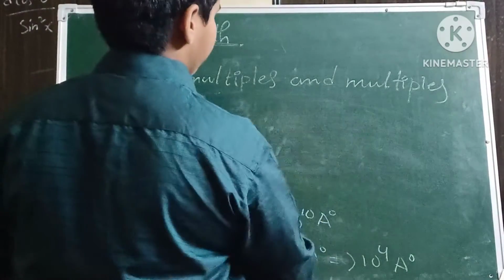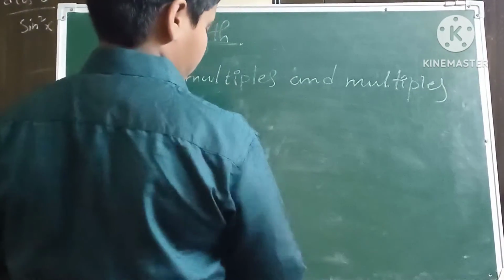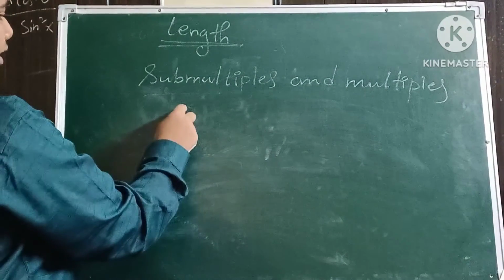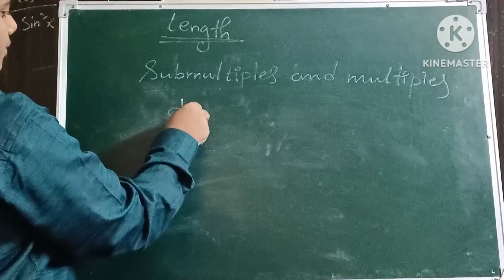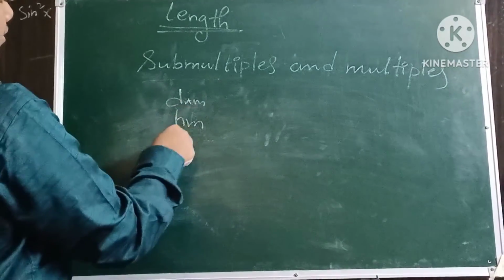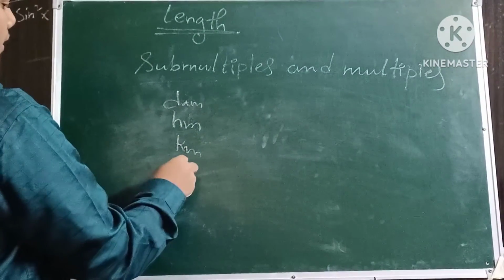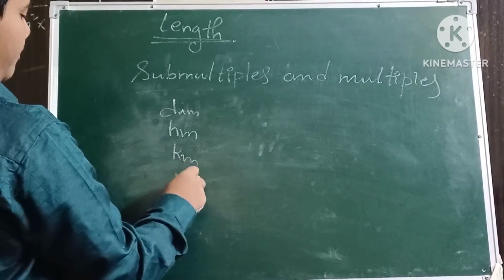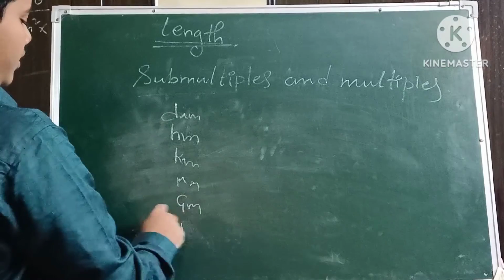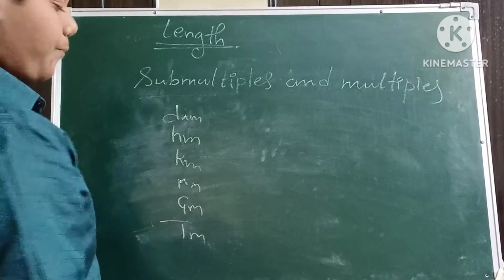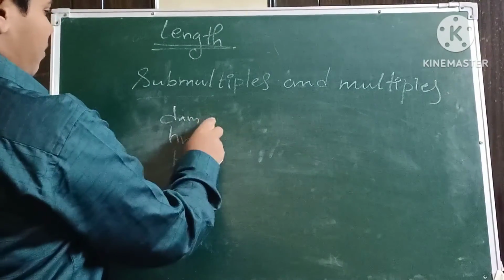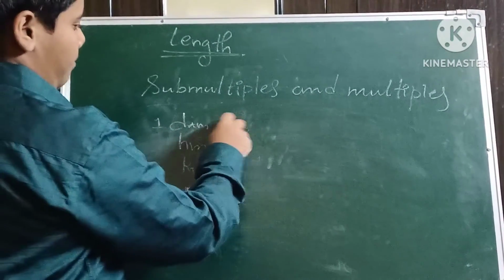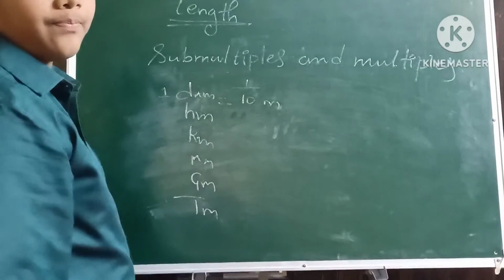These are the submultiples of length. So multiples. We already know multiples: decameter, hectometer, kilometer, and megameter, gigameter, terameter. Okay, so 1 decameter is equal to 10 meters.